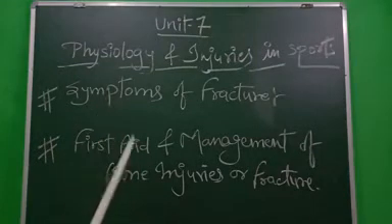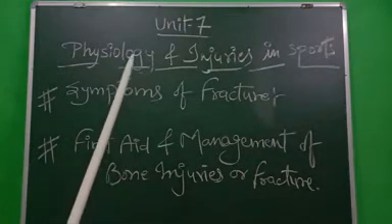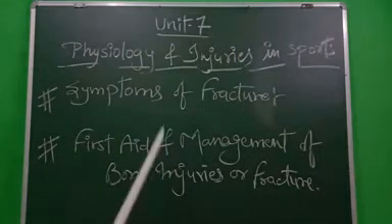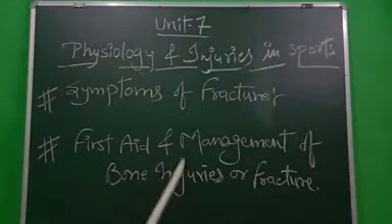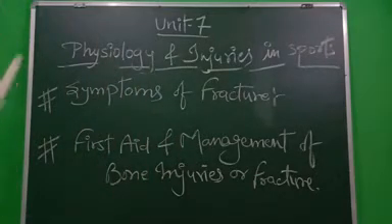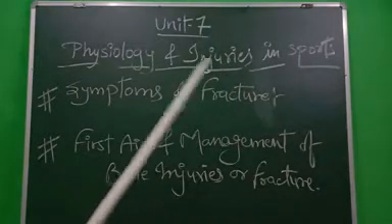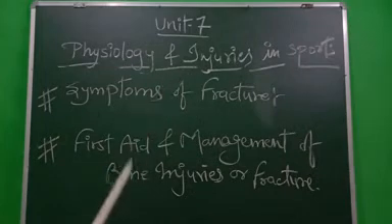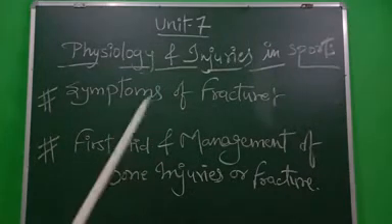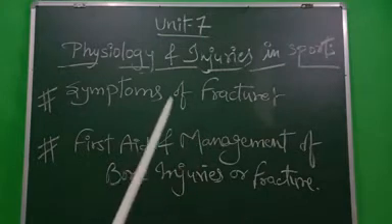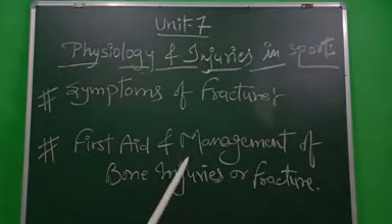And then the immobility should be for 3 to 6 weeks as per expert advice. It means the affected part of the fracture should not be moved. For that we should apply plaster over that affected part, and there should not be any type of movement for 3 to 6 weeks as per the doctor's advice.